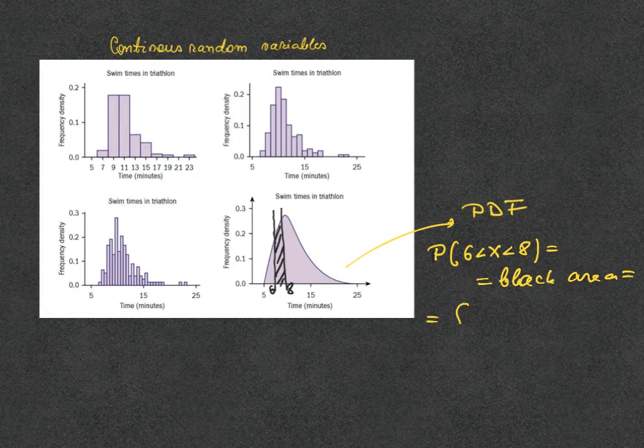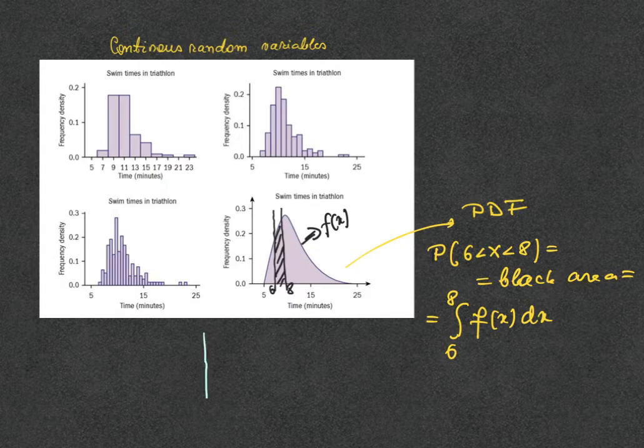Remember from pure math, to calculate the area, we calculate the integral from 6 to 8, f of x dx, where f of x is the rule for this graph. It is generally given. So to calculate probabilities for a continuous random variable, we calculate integrals or we calculate areas.